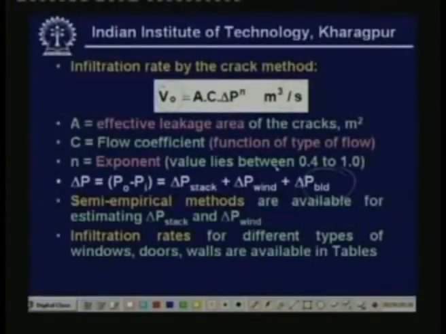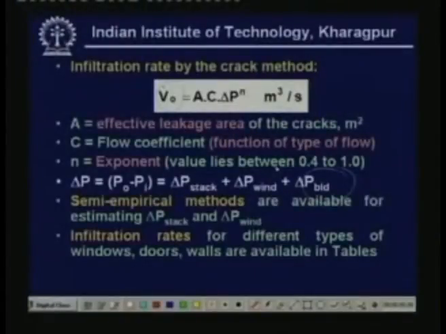Estimating them analytically can be very complicated, because it depends upon the construction of the building, and the direction of the wind may also vary, and wind is highly variable. However, semi-empirical methods are available using which one can estimate the pressure difference because of these two effects.